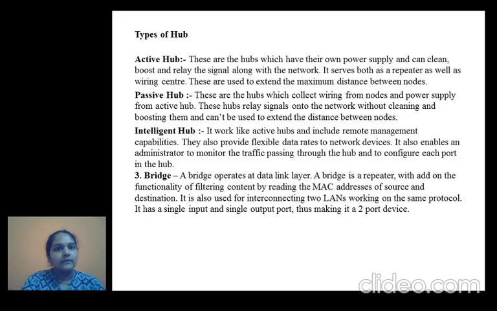The active hub has its own power supply and cleans, boosts and relays the signal along the network. It serves as both a repeater as well as a wiring center. Basically, an active hub has the features of a repeater along with a wiring center.